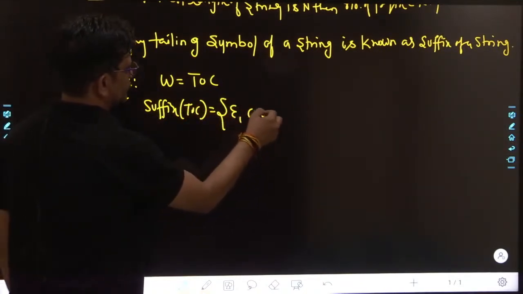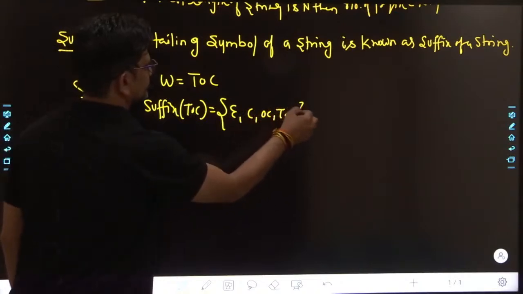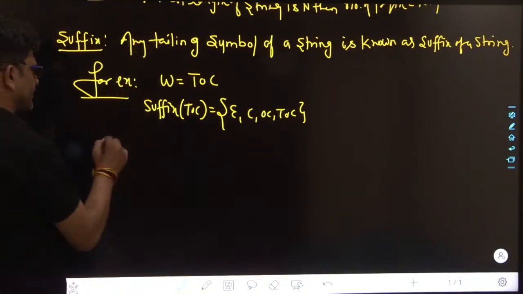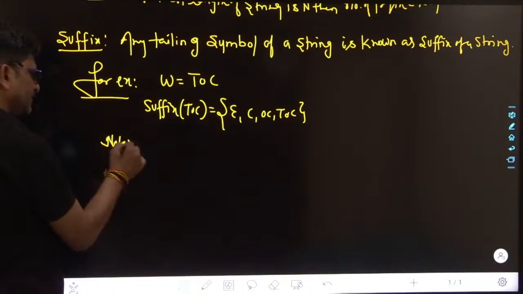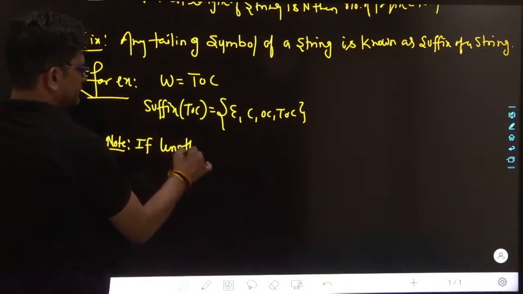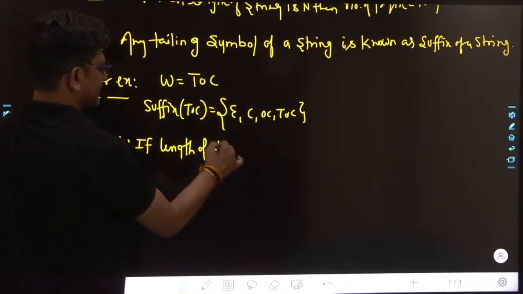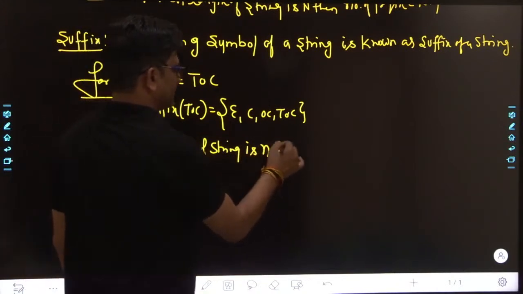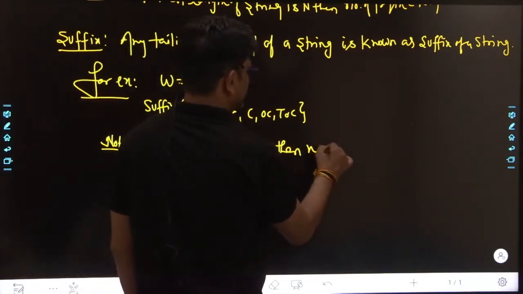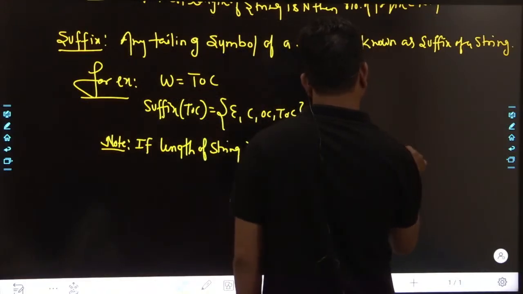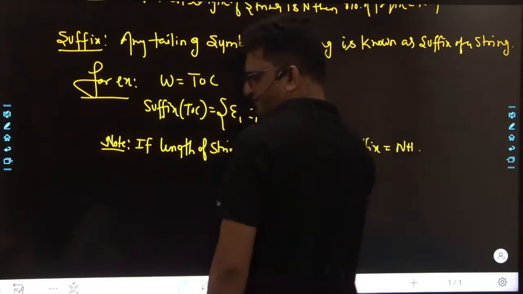Epsilon, C, OC, TOC. Okay. So same note here: if the length of a string is n, then the number of suffixes is equal to n plus 1.